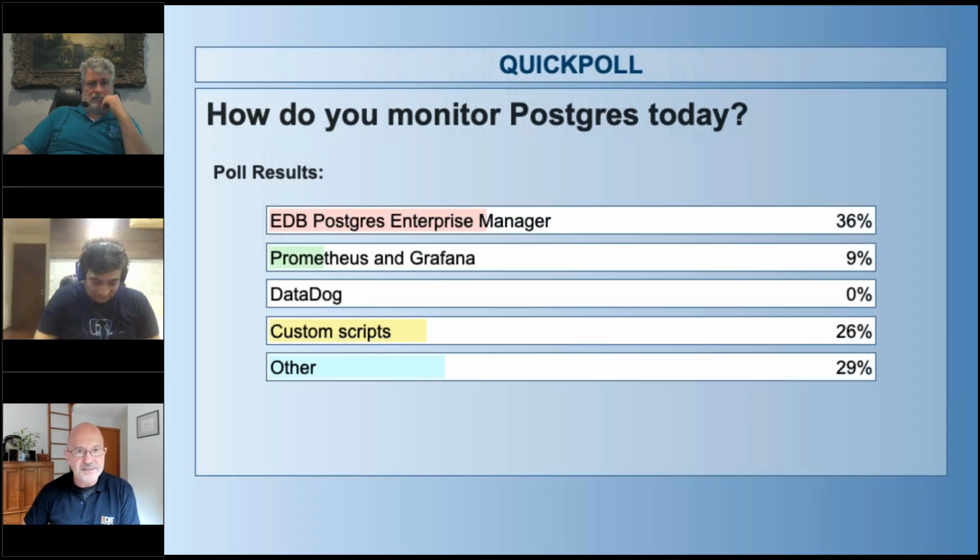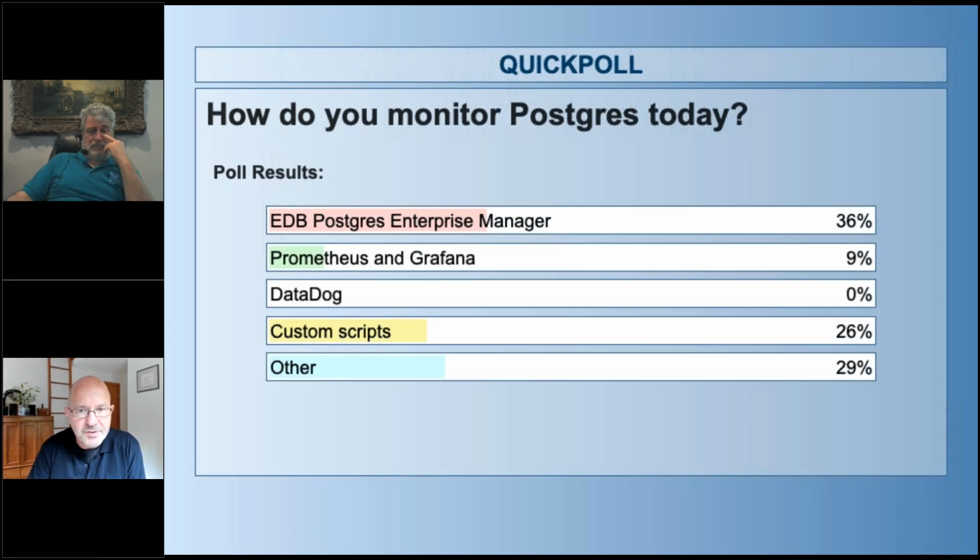We would have expected custom scripts to be used a whole lot. I assume PG Badger is playing a role there too. And then I think the next time we do this, we need to dig deeper and figure out what is in the other category, because after all, that's almost a third of our responses. Okay, thank you very much.